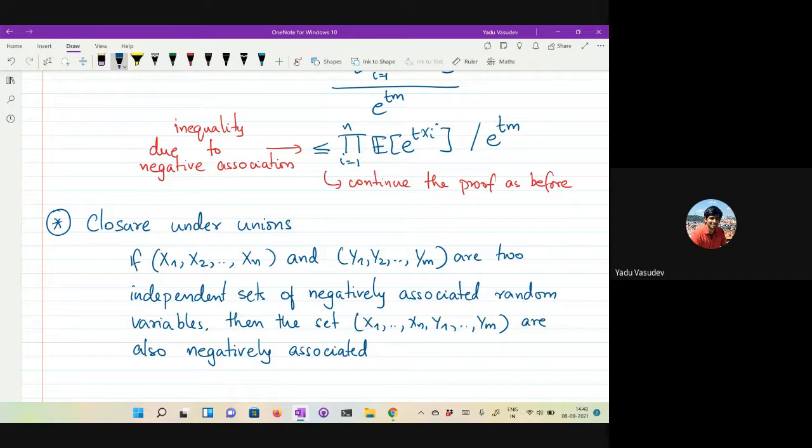Right? So if you take two independent sets of negatively associated random variables, then their union is also negatively associated. Correct?